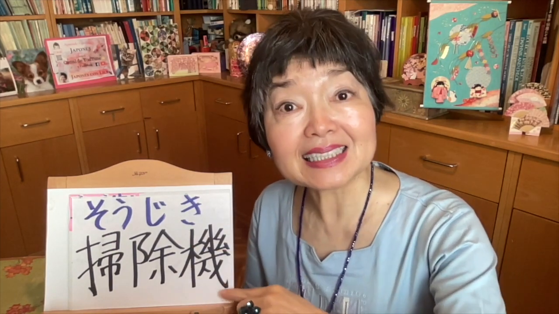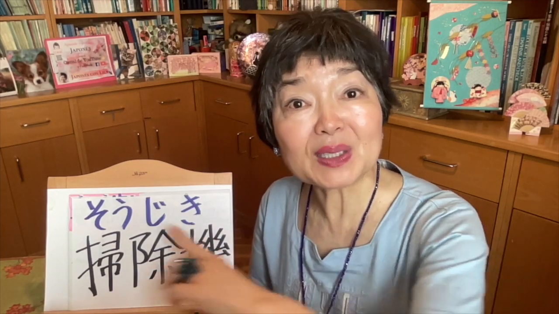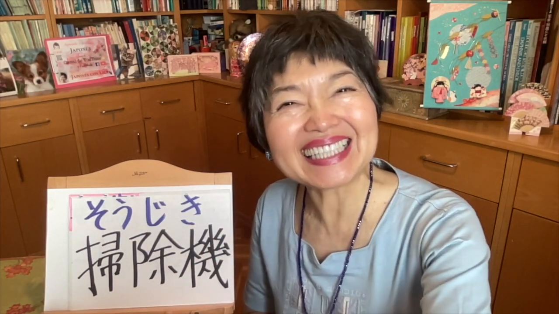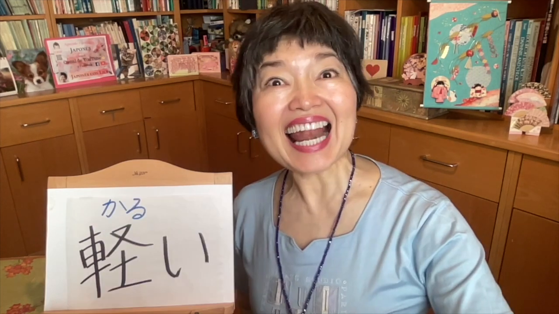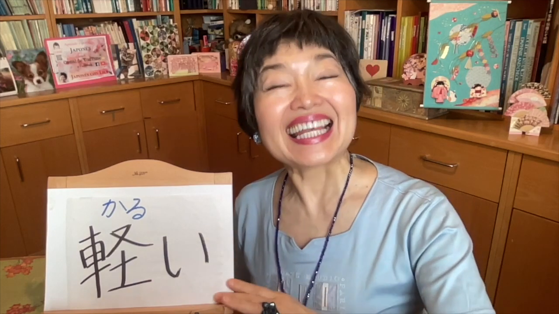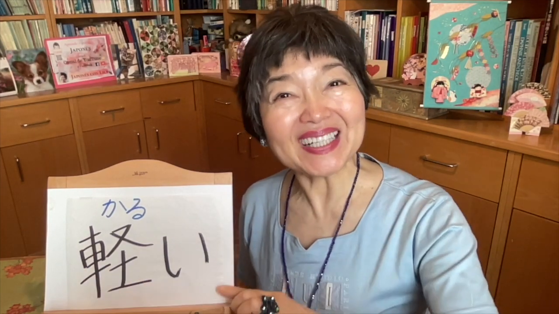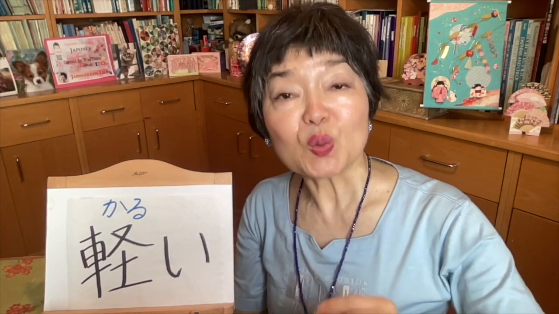Well, 機, this is machine. 掃除します, to clean the house, to clean the room. 掃除機, the machine that cleans the room. Light, it's not heavy at all. Light, this is an い adjective, 軽い. I want you to make two sentences with this question. One using て, the other one using し and し.